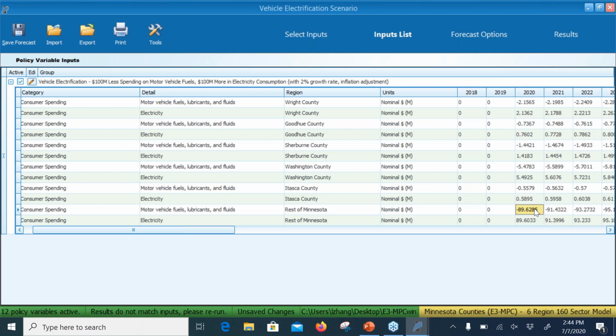So this is how we're modeling this change. And of course, depending on how you want to approach the question, you can also look at it as, say, the gas industry having $100 million less output, and that's another way you can model it.